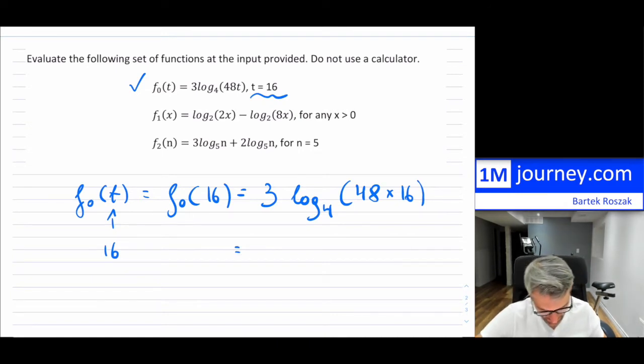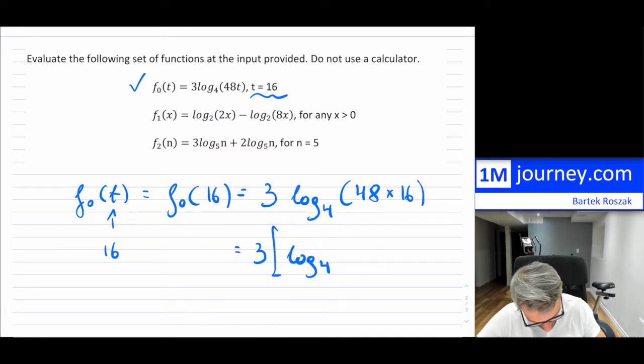Actually right away what I'm going to do is divide this out here. Let me leave the 3 outside, and I'm going to use just properties here. So this is log base 4 of 48, plus, because it's multiplication, log base 4 of 16.